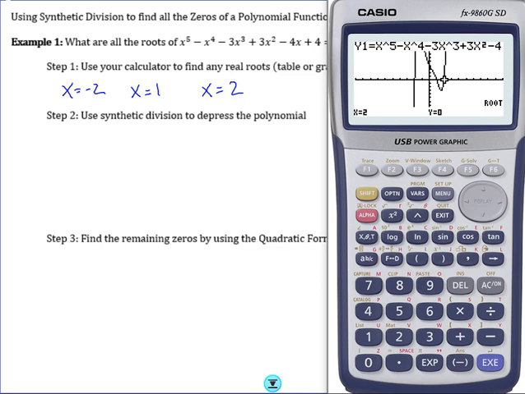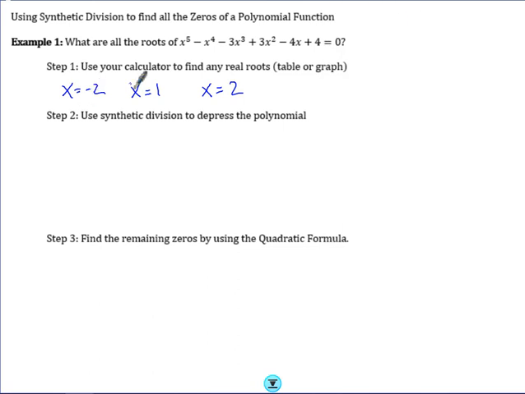So what we're going to do is, knowing these 3 roots, we can use synthetic division to do what's called depressing the polynomial. It doesn't mean to make it sad. Okay, it means we're going to take these factors out of it, and it makes the math kind of easy to do with synthetic division, so that we can then find the last 2 using the quadratic formula. So what I'm going to do is take this, and let me make sure: 5, 4, 3, 2, 1.